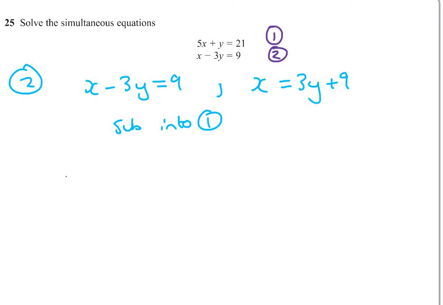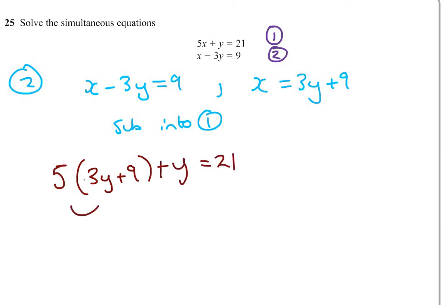So let's do this. So we get 5 lots of x, but x is now 3y plus 9, plus y equals 21. So let's expand in the normal way. So we're going to get 15y plus 45 plus y equals 21.